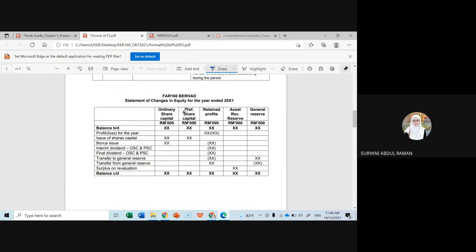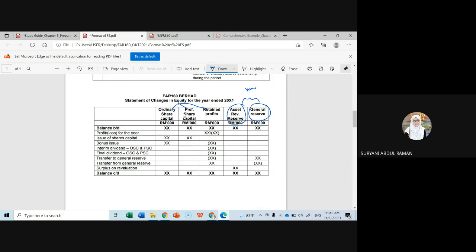As you can recall, these are the components that you have learned in equity: ordinary shares, preference shares, and retained profit. The new equity that you are going to learn in chapter 5 is asset revaluation reserve and general reserve. So these are the two new equity for you.